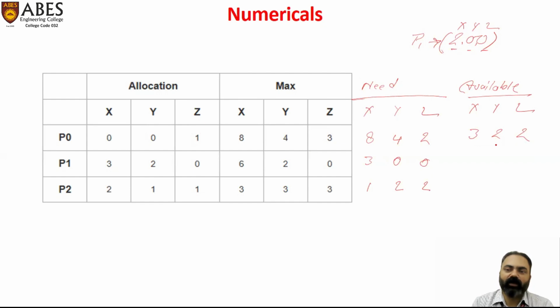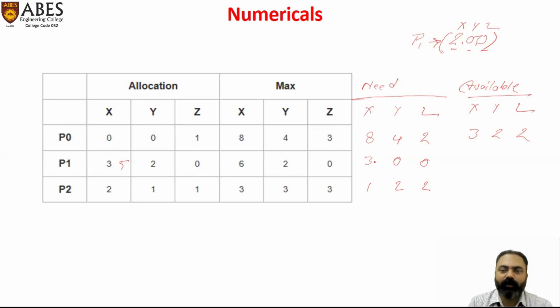So we will allocate these resources to P1 and after that we will check for a safe sequence. If we allocate 200 for P1, then this will be 520. When we increase the allocation, then need will decrease.